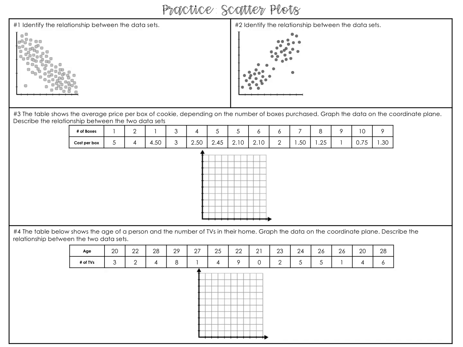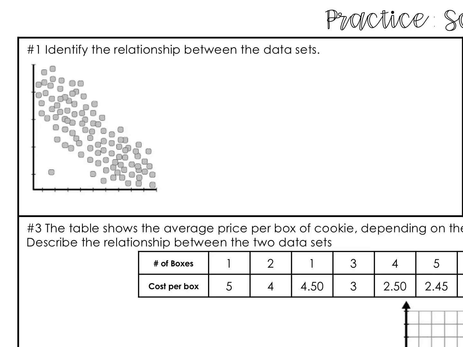Let's try some practice. For number 1 and 2, we will identify the relationship between the data sets. So for number 1, you can see that in general, as we get further to the right, then the points also get lower. That means that they are doing opposites, so as one goes up, the other goes down, and we call this a negative association.